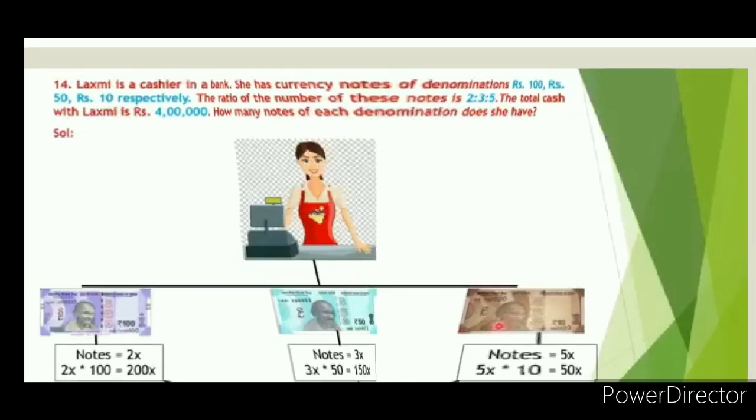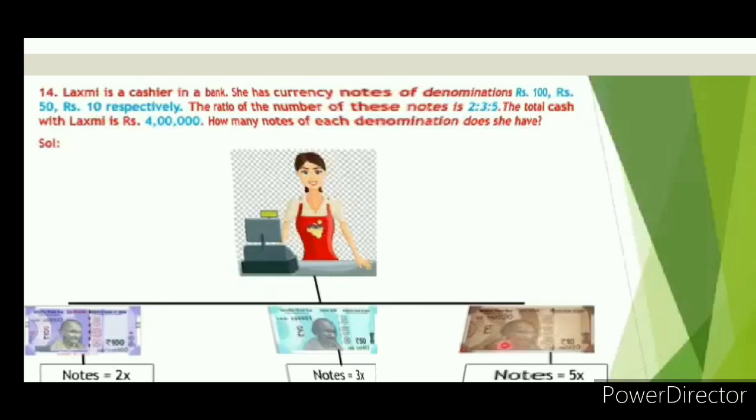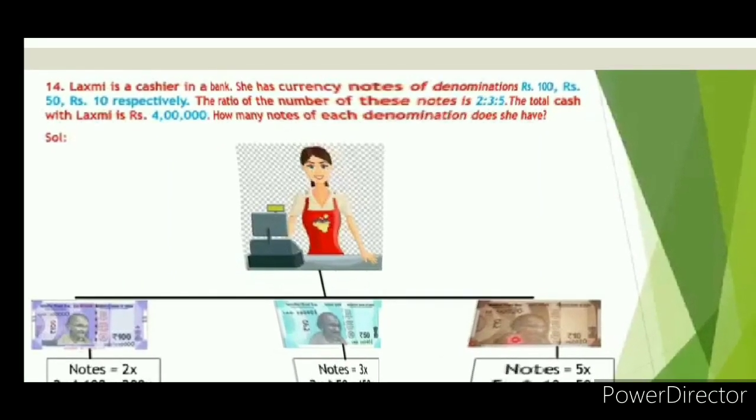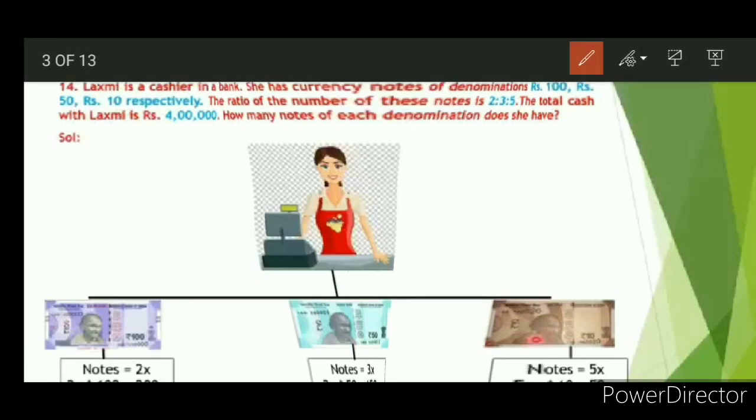This is the question. See children, here Lakshmi is a cashier. She has currency notes of denominations, meaning she has 100 rupee notes, 50 rupee notes and 10 rupee notes. The ratio is given, but the actual number of notes we don't know. The ratio here is about the number of notes. 2 represents 100 rupee notes, 3 represents 50 rupee notes and 5 represents 10 rupee notes.